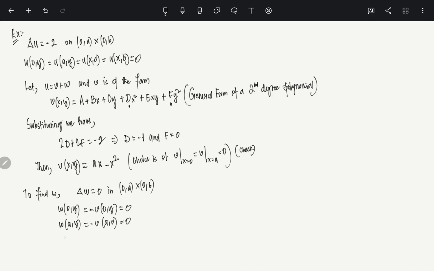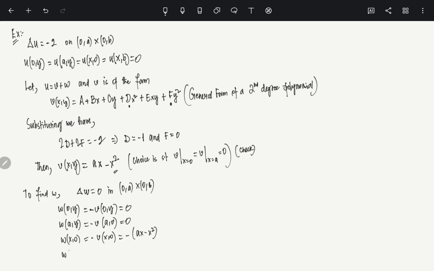Okay, what about w of (x,0)? Let's just see. W of (x,0) is nothing but minus v of (x,0). V is given like this, so it is minus ax minus x square. Clear?